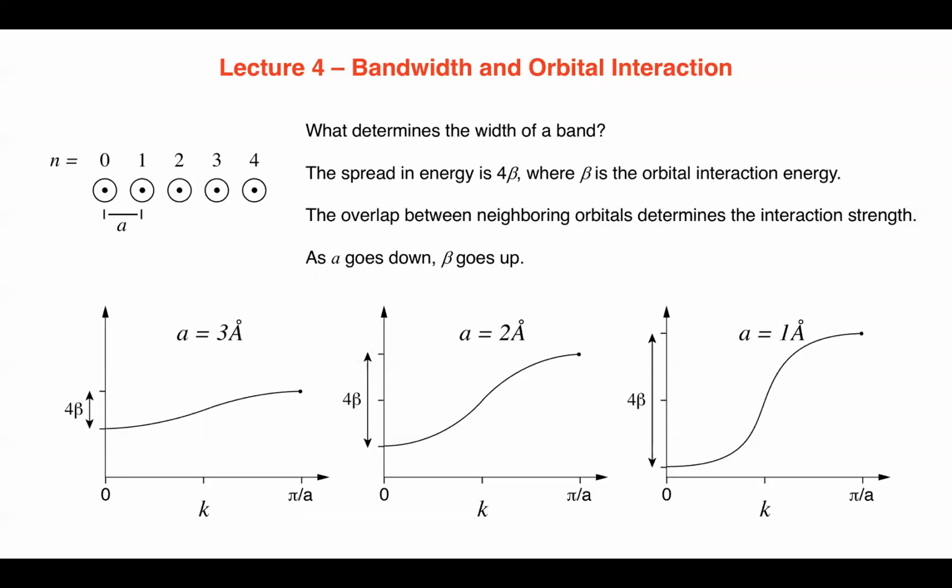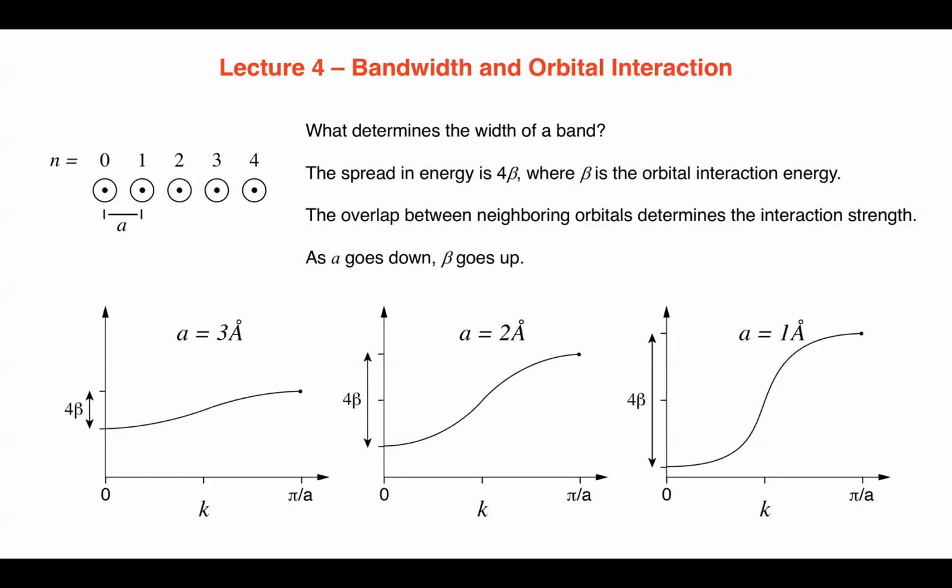I've shown you how that spread of 4 beta now changes as you vary the unit cell dimension. So if you have a chain of hydrogen 1s orbitals that are 3 angstroms apart versus 2 angstroms apart versus 1 angstrom apart, as you go from left to right here, the 3 angstrom separation means that those hydrogens do not interact very strongly at all, and beta is not worth very much.